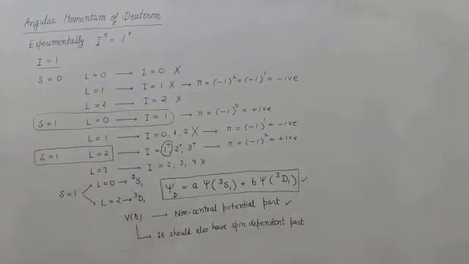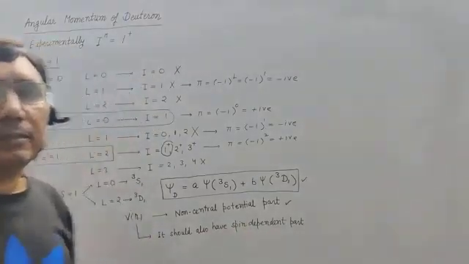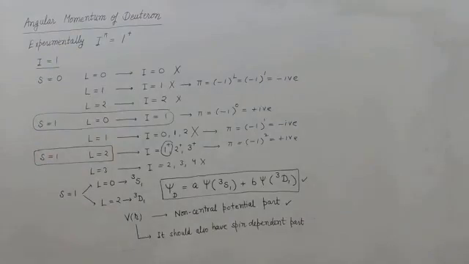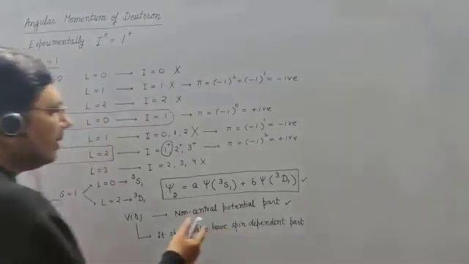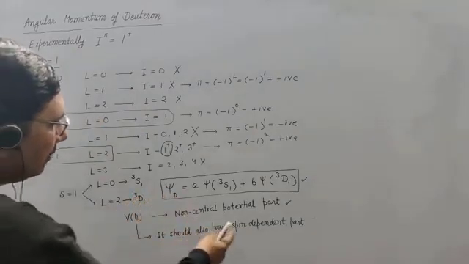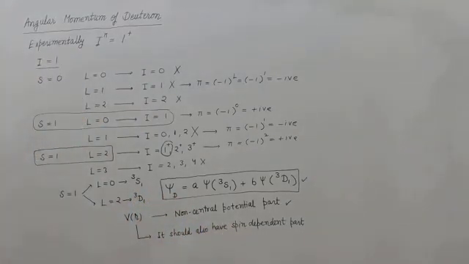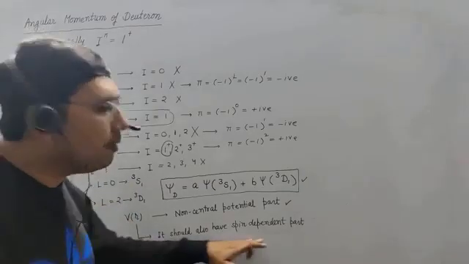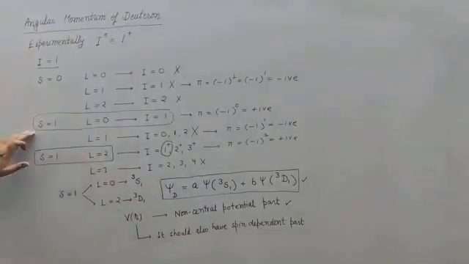This spin dependent part should be constructed in such a way that whenever we have the s equal to 0 state, the depth of the potential should decrease. So this spin dependent part will decrease the depth of the potential well when spin s is 0, and it will increase the depth of the potential well when s is equal to 1.